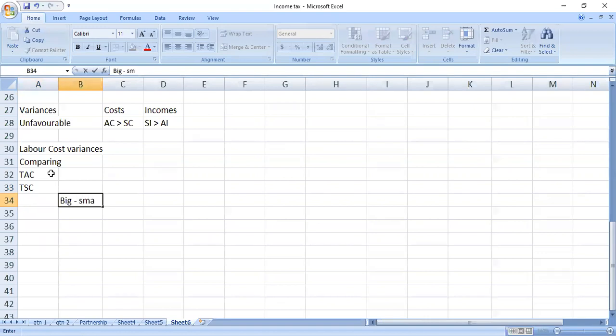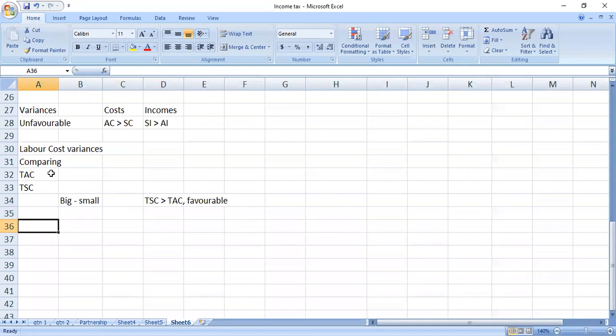Okay, I'll try to use the other way around. What happens if your total standard cost is bigger than your total actual cost? It is favorable. You're spending less, right?